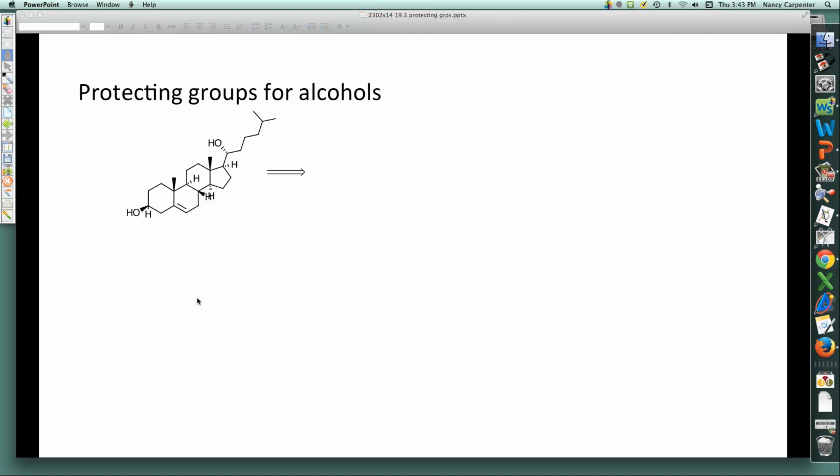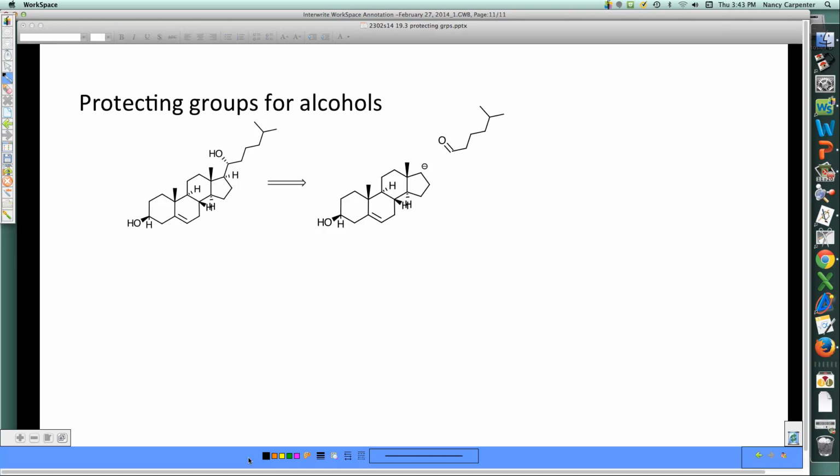Well, I see that it's got two alcohols, and knowing my alcohol disconnection, I know it would be easy to push those electrons back in and imagine breaking this down into this nucleophile and this electrophile.